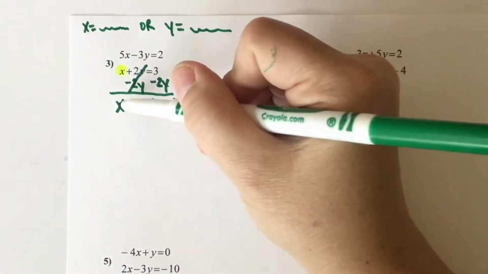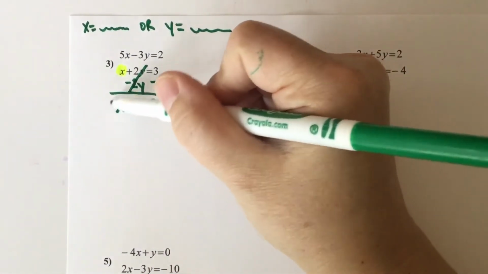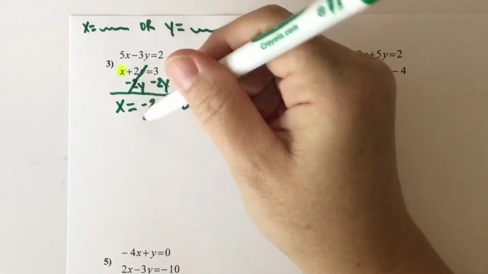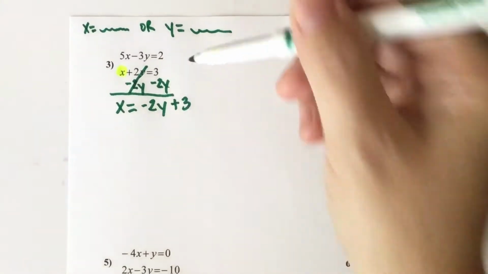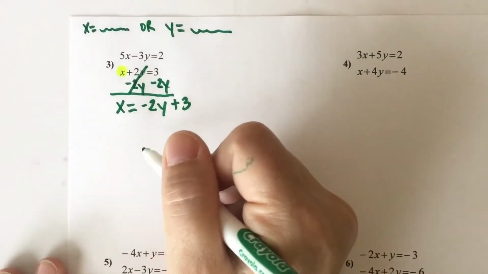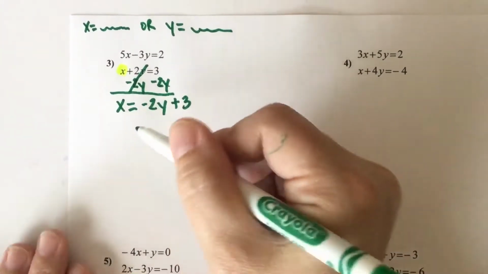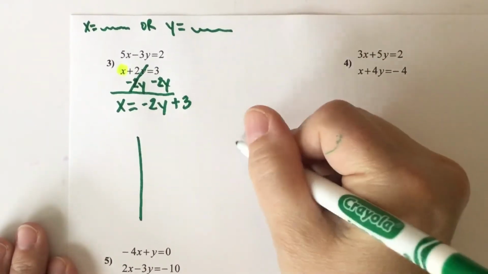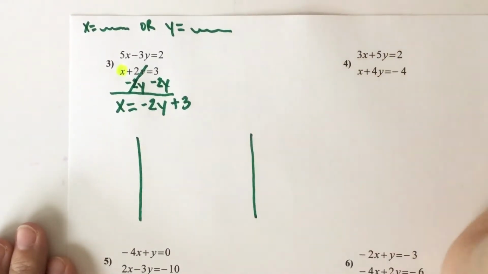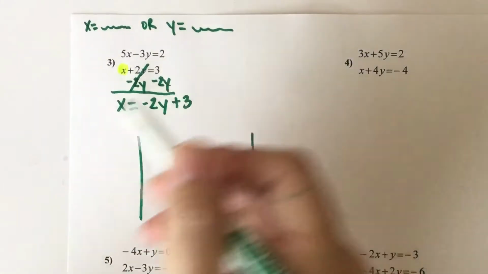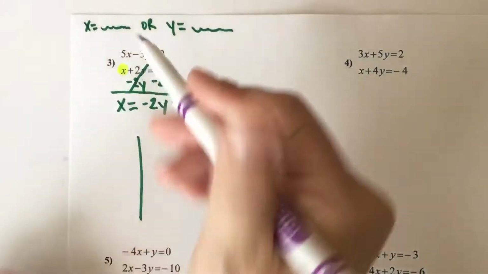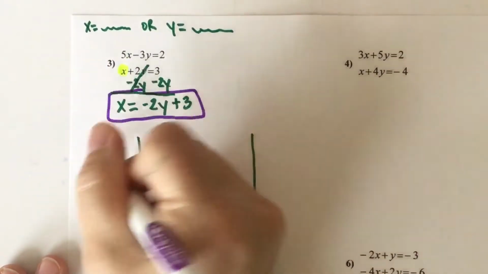So every time you do substitution, you need a variable all by itself on one side of the equals with everything on the other side. As long as you have that, you're ready for your bread, meat, bread situation. All right, so here I go. Bread, meat, bread. All right, so this equation right here is my bread because it had the variable by itself.